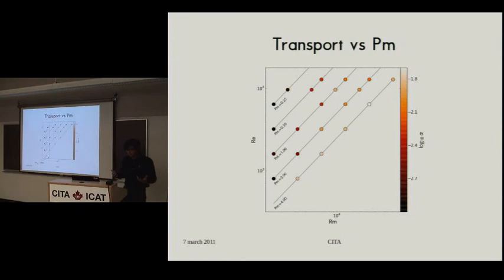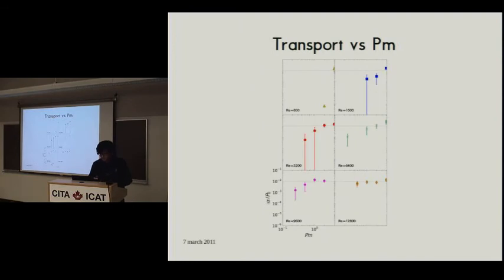When you're above that number, you're able to sustain transport, which may scale with the Prandtl number in various ways, and clearly it does. The higher Prandtl number runs tend to transport more angular momentum than the lower ones. But below that, it's all essentially turned off. So we can look at this in a way that's actually considerably more enlightening.